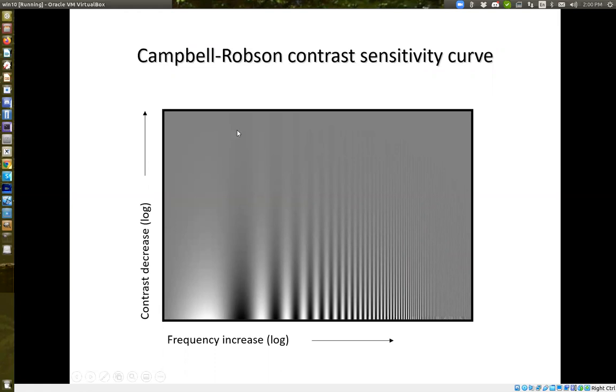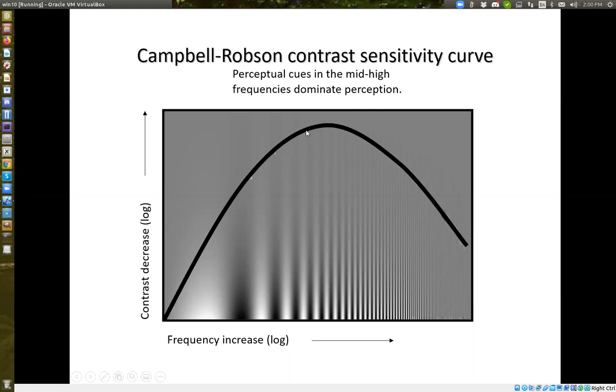I see something around here, then it goes up more, then goes down a little bit. Maybe this is a little extreme; I see more like this. But in any case, we have some peak somewhere, for some spatial frequency, where we are most sensitive.